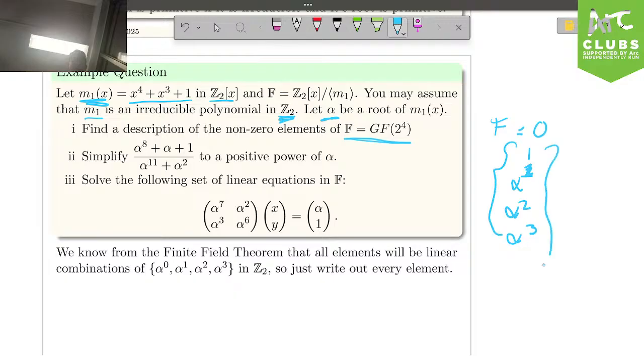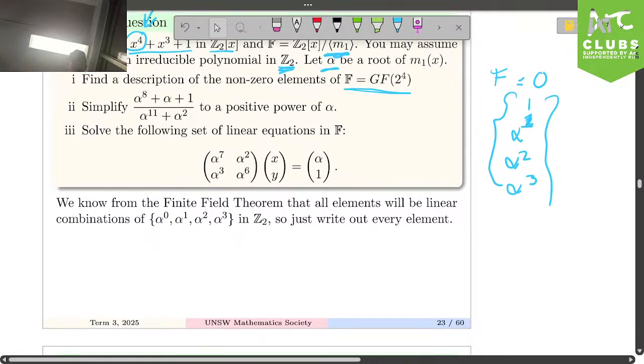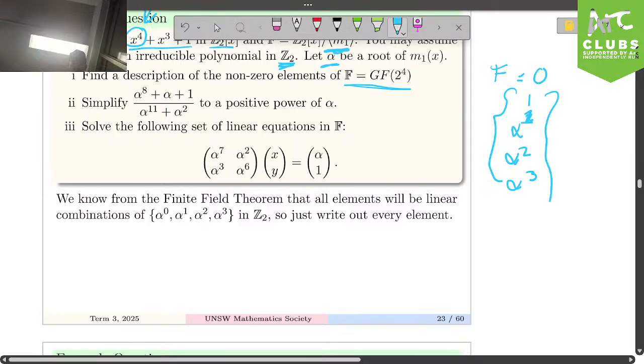So we're just going to have every combination of these, and that's going to give us our finite field, because it's a vector space in those elements. It's not alpha to the 4, because we're modulo the x to the 4 polynomial, so we're always going to subtract off an x to the 4 term. Remember, modulo M1 means we're subtracting off everything x to the 4th. So x to the 4 is always going to be 0. You're only going to have x cubed terms. Simplify. So that's one way we can do it.